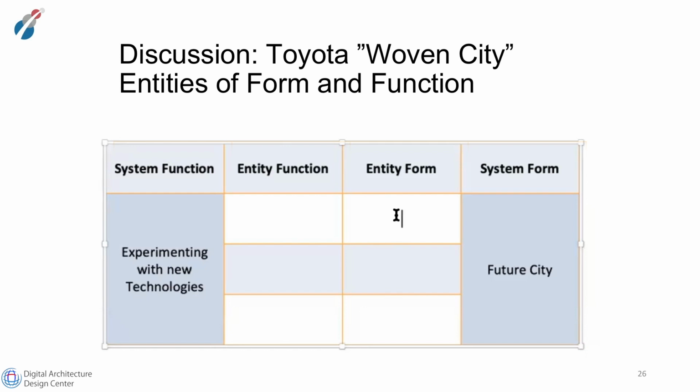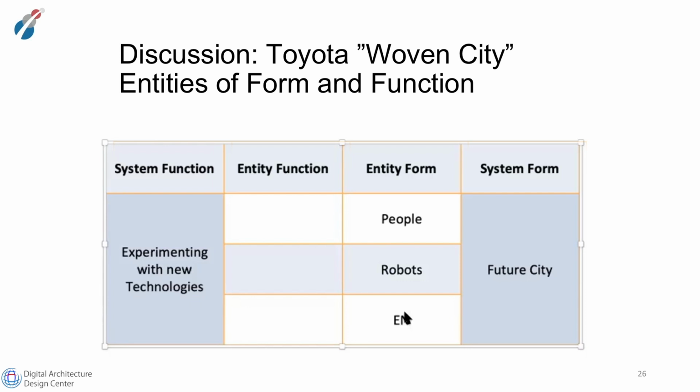Mobilities. Entity form is mobility. Infrastructure. Okay. These are very general. Can we be a little bit more specific? Energy, communication, healthcare, robot, people. People, that's good. Robots, yeah. Sensors. And energy grid. Home.